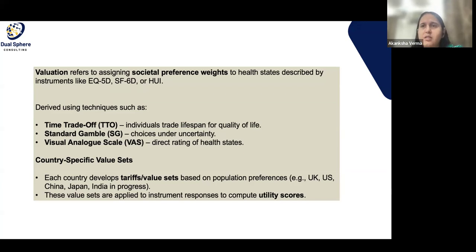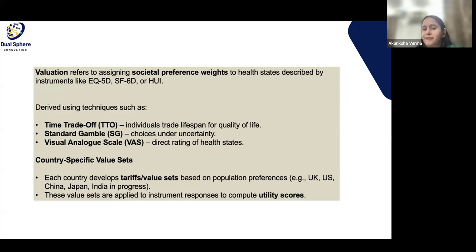Let's say asthma, mild, moderate, severe asthma. How would you rate your health state between 0 to 100? And a person says, okay, I rate myself 50, 60, 70. Then overall, after all the responses from the patients are collated, utility value is derived.